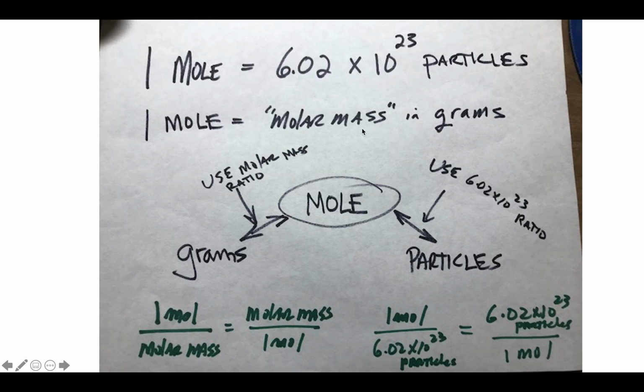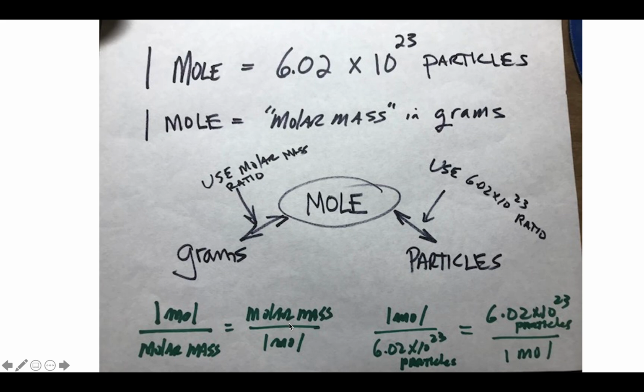That's the mass of 1 mole of that substance. And here again we're showing the relationships between going from grams to mole. We use molar mass, and from particles we use Avogadro's number.